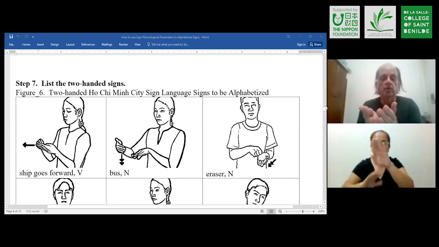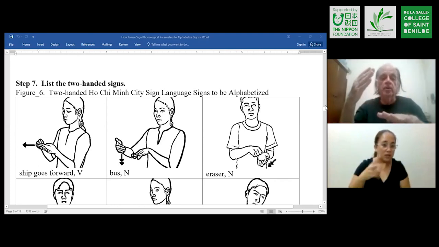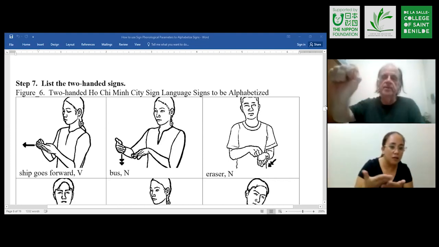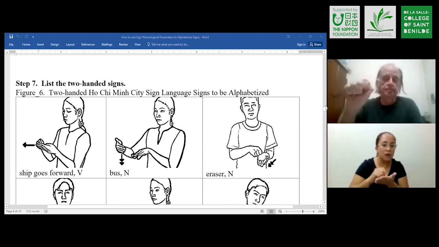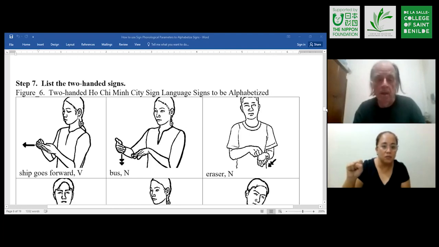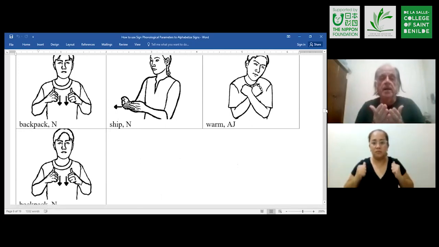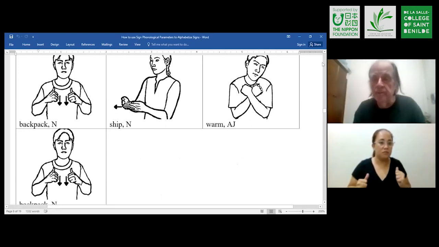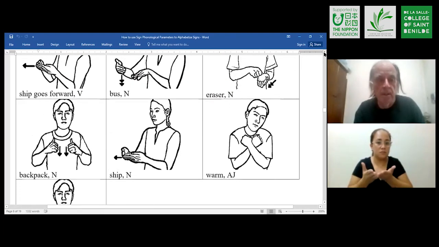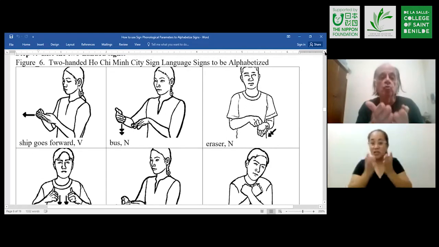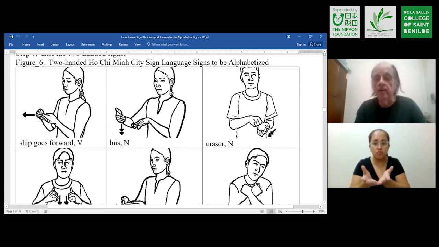Ship goes forward in no particular order. Bus, eraser, and that's with this hand shape, eraser. Backpack with two hands. And then ship. The ship goes forward has a facial expression, and then ship without the noun, without the facial expression.